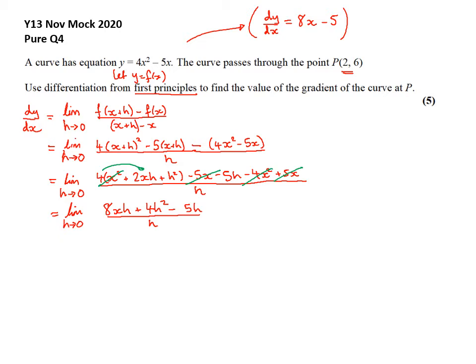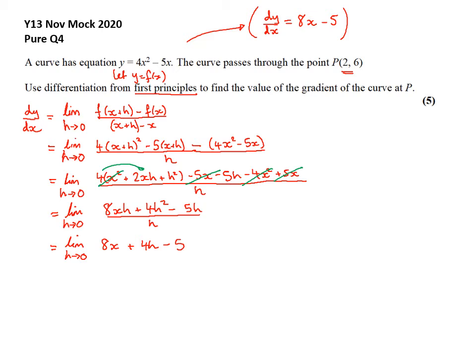Now I've simplified that numerator as far as it will go, and I'm at the stage now where I can divide each term by h. So I'm still looking at this limit as h tends to 0. But I can write, my first term is going to be 8x, my next is 4h, and my next is minus 5.